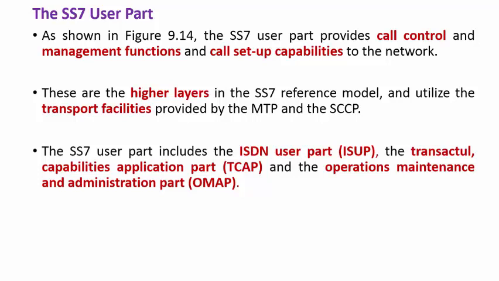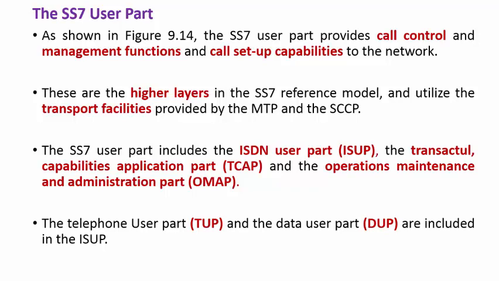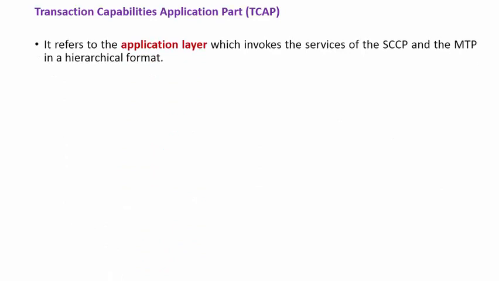This SS7 user part includes the ISDN user part, that is ISUP, the transaction capabilities application part, that is TCAP, and the operation maintenance and administration part, that is OMAP. The telephone user part, that is TUP, and the data user part, that is DUP, are included in this ISUP in the case of an ISDN network.